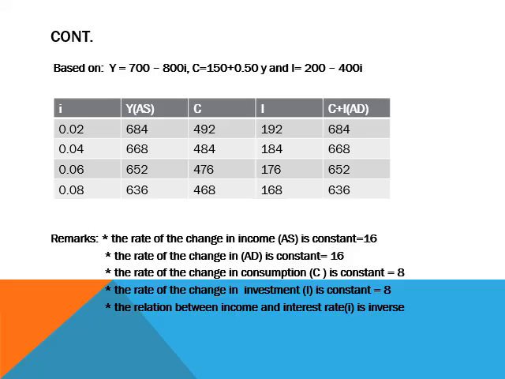If interest rate equals 4%, then income equals 700 negative 800 times 0.4. The result is Y equals 668.